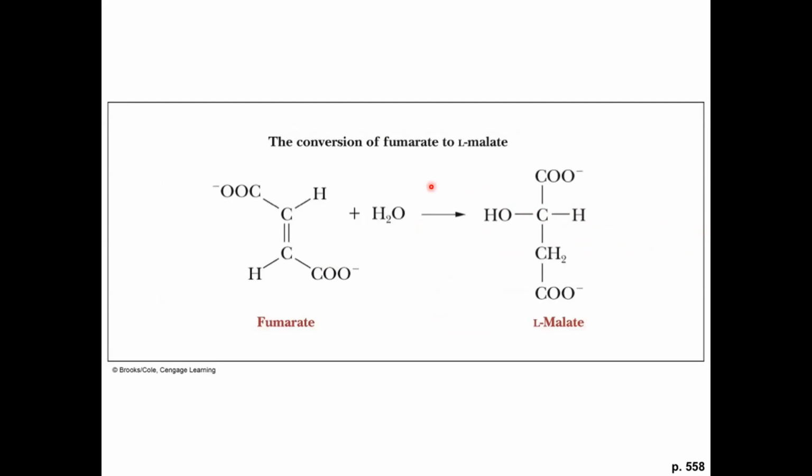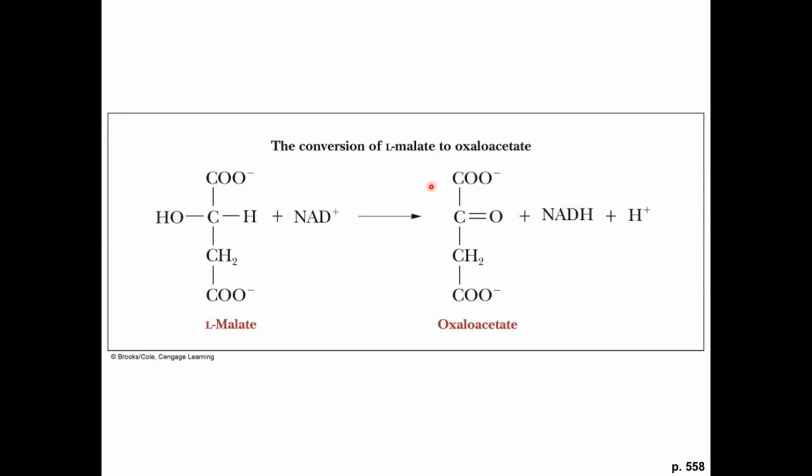It's not a very exciting reaction. And this is our final reaction. Here, the hydroxyl group is going to get oxidized to a ketone, and this requires NAD. So NAD is going to produce NADH. And this is a rare oxidation that is not energetically favorable.